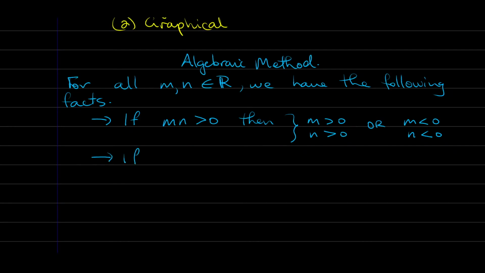So if mn is greater than or equal to 0, then we know that m is greater than or equal to 0 and n is greater than or equal to 0, or m is less than or equal to 0 and n is less than or equal to 0.